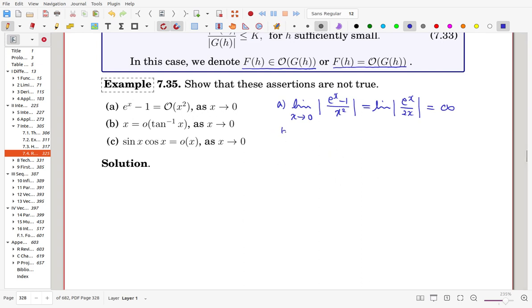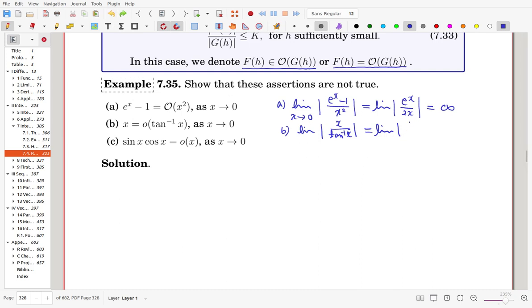And part B, the limit again the same way, x approaches 0, of absolute value of x over arctangent of x. Now top and bottom approach 0, so again we can use L'Hopital's rule.